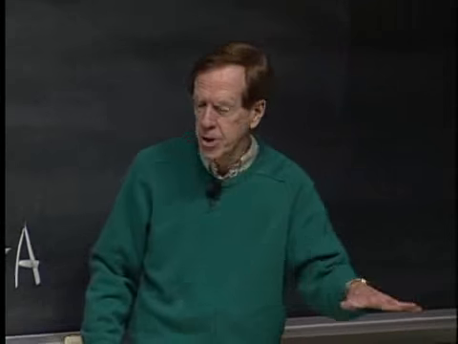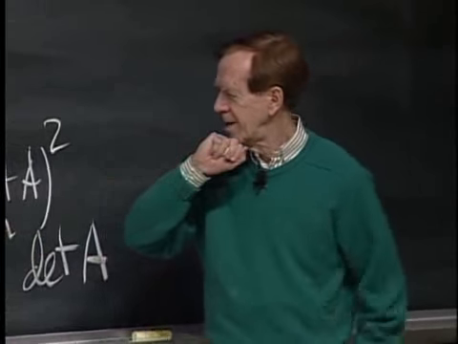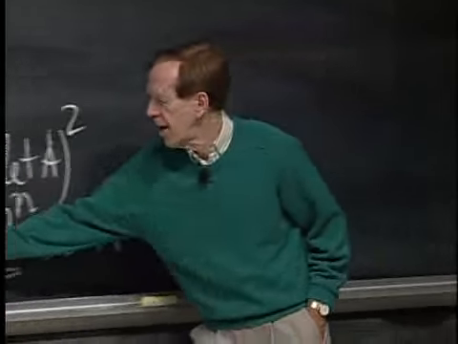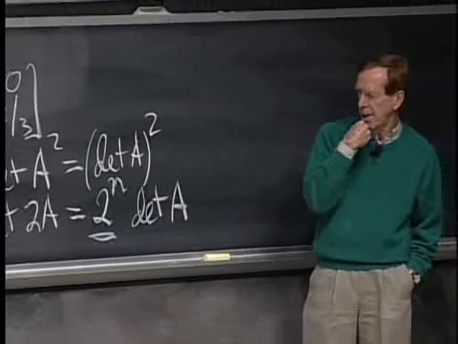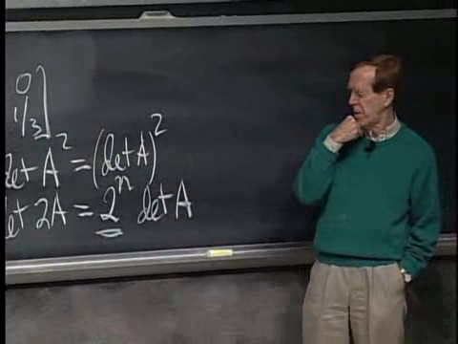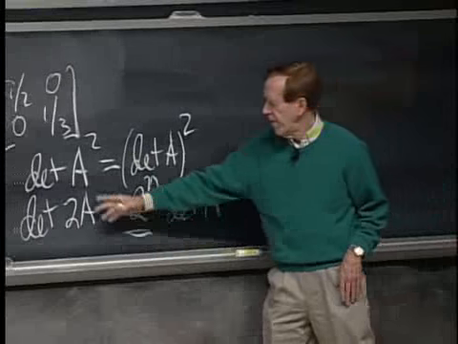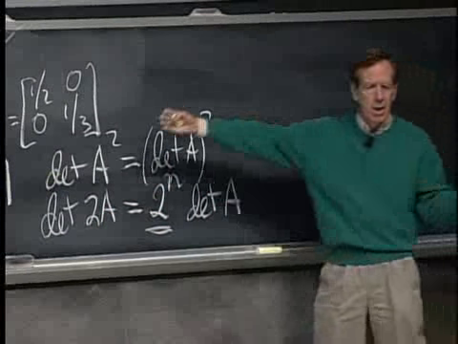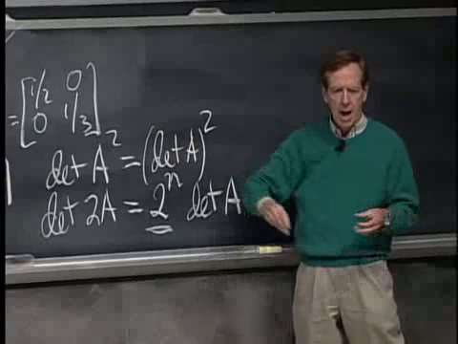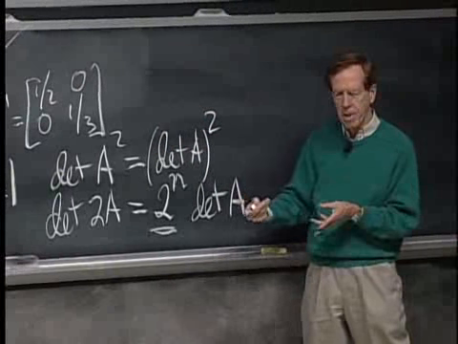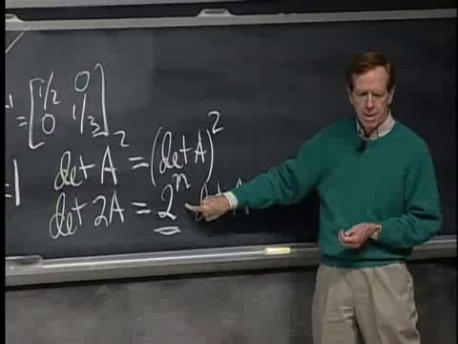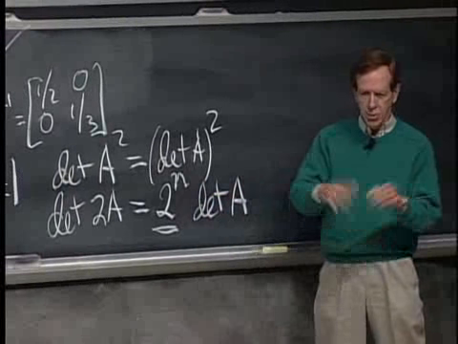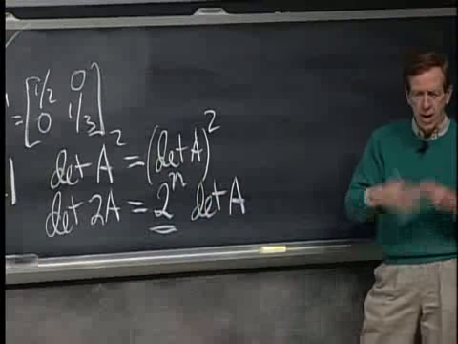So I've got all those 2's coming out. It's like volume, really, and that's one of the great applications of determinant. If I have a box and I double all the sides, I multiply the volume by 2 to the nth. If it's a box in 3 dimensions, I've multiplied the volume by 8.